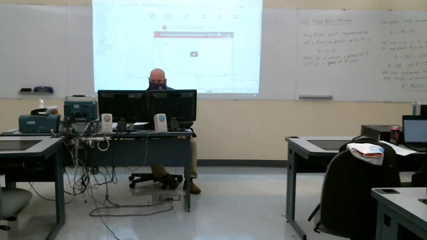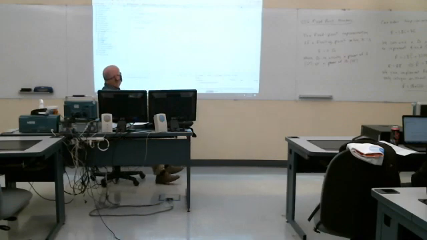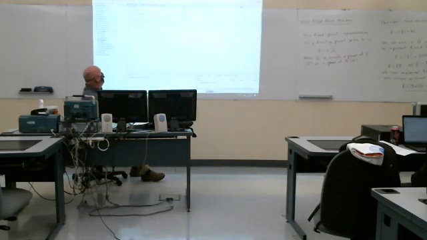So if you take a look at this, this is one of the problems in the textbook. The problem is to write a routine in assembly that computes the average of a 10-element array of unsigned integers.